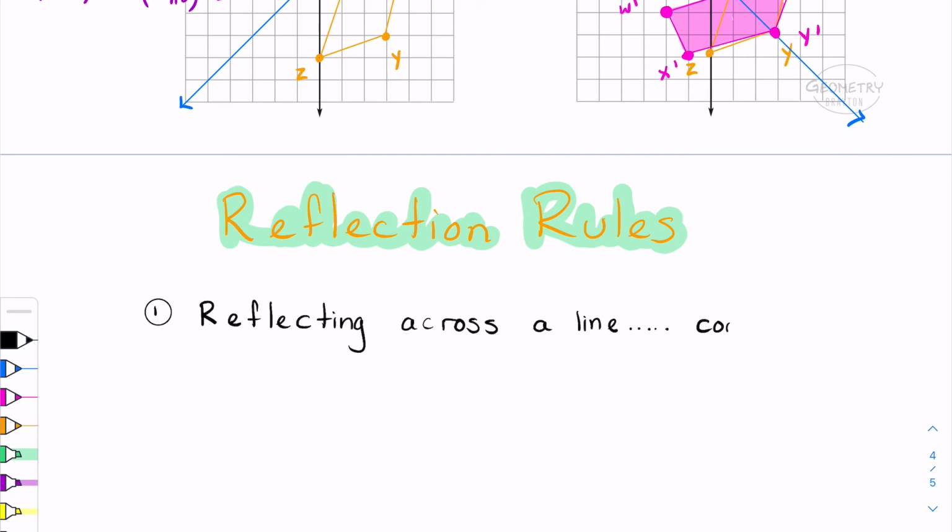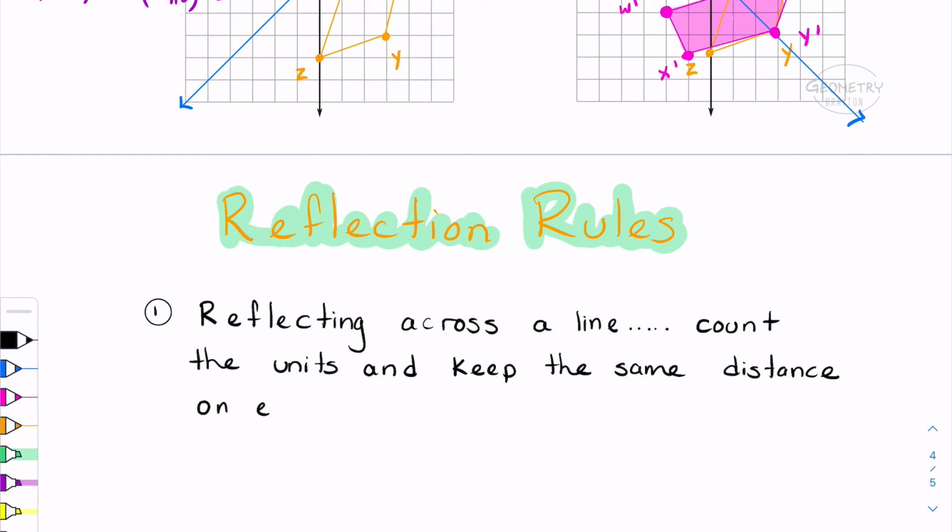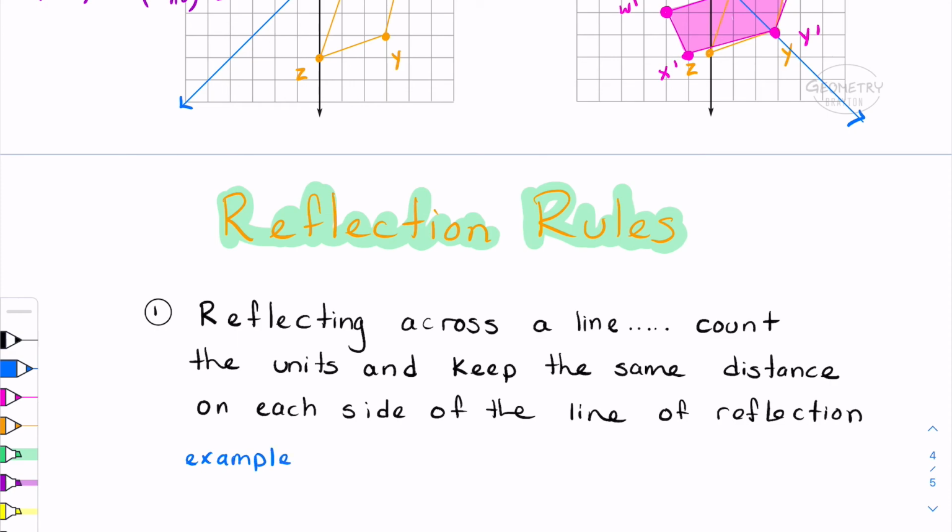So I'm going to say count the units and keep the same distance on each side of the line of reflection. This was found in example set 1 and 2.